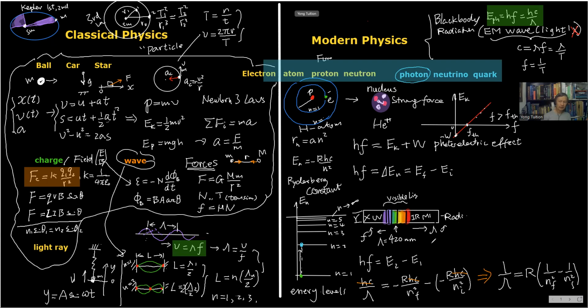This number can be used as hc divided by 420 nanometers. Use the international system, so we multiply by 10 to the minus 9 for meters. That will give you the energy level difference. I use this diagram. You can find the energy interval.